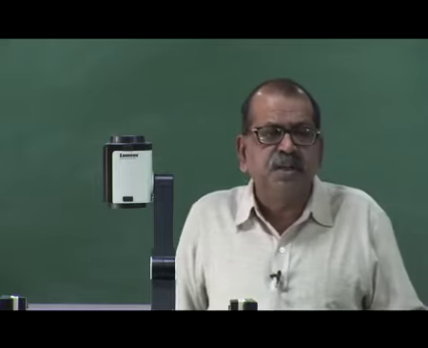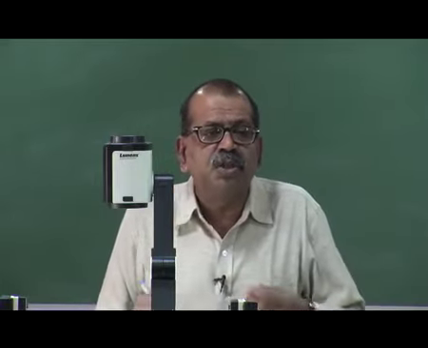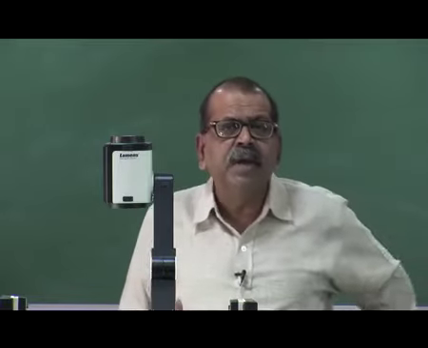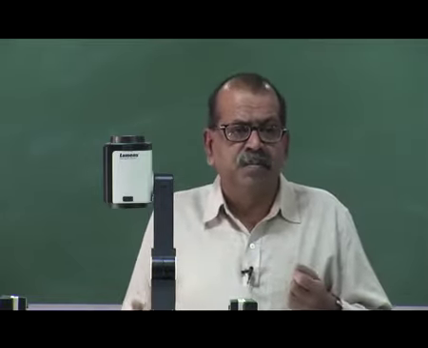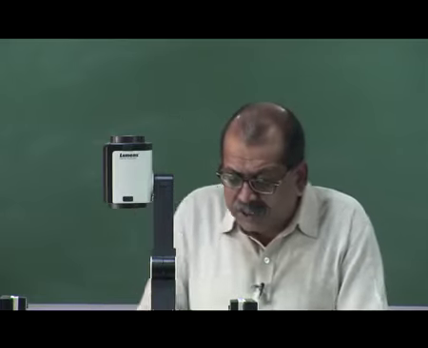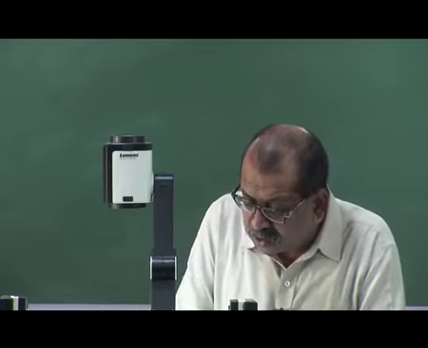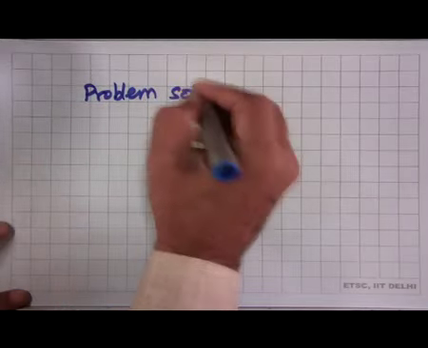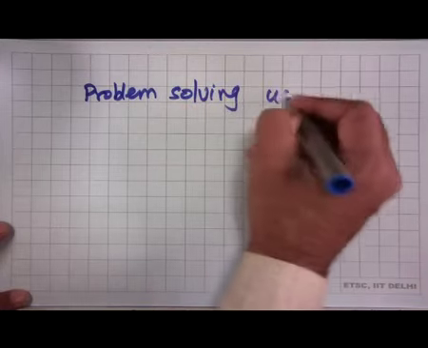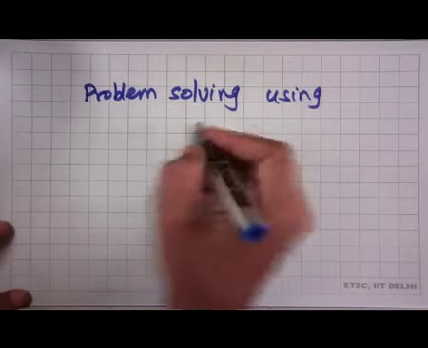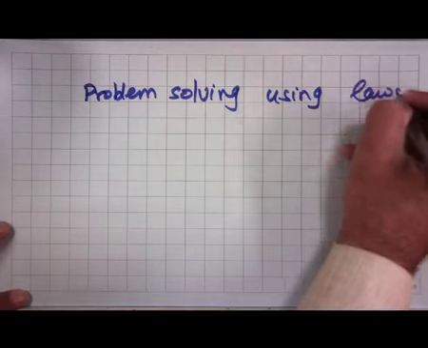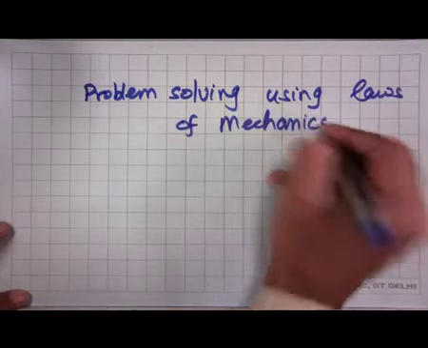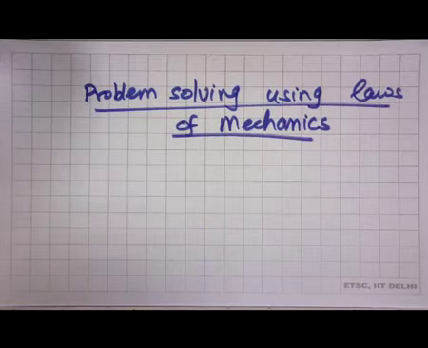Okay. So, now we have seen different types of forces which act on a body. Now, how do we go about solving a mechanics problem? In a typical problem, let us now come to problem solving using laws of mechanics.